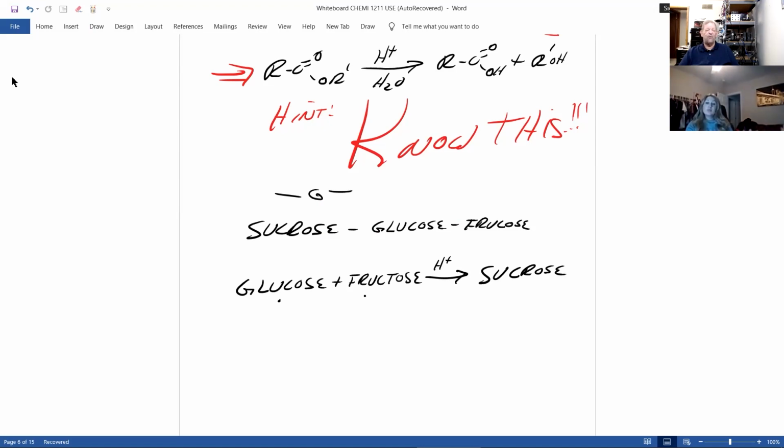Now, what would be the product or products of taking sucrose and consuming it in your stomach with acid and water? I'll let you try this one.